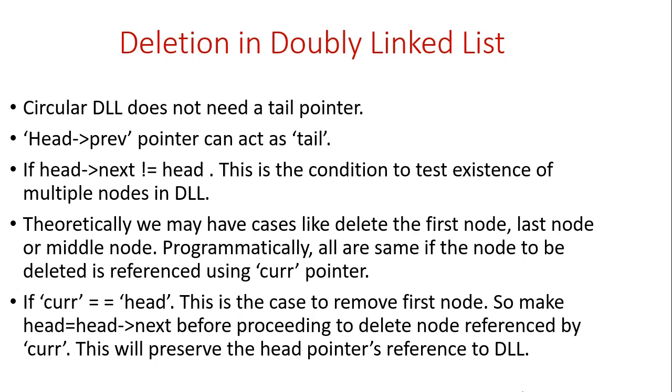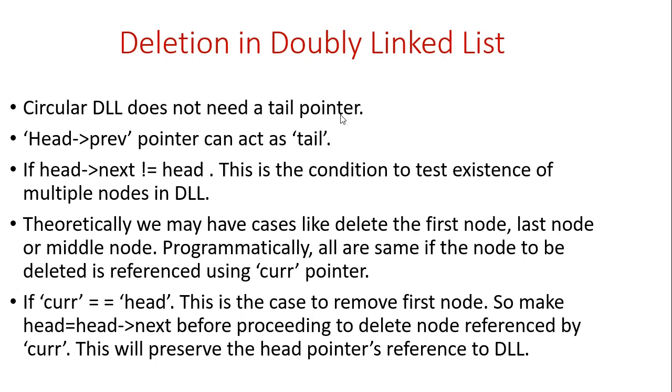Now let us look at the multiple node scenario, and specifically we are looking at the doubly linked list. As I told you, there is no need to have a tail pointer in a doubly linked list. The reason is that the tail pointer is expected to reference the last node of the linked list, which is nothing but the node just previous to the head node.